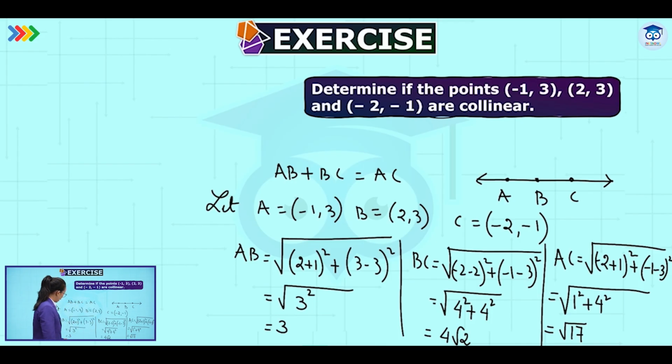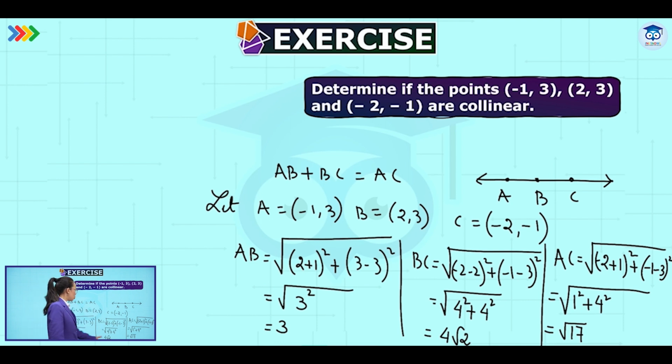Look at this. AB is 3, BC is 4 root 2. When we add this, it will be beyond 7. Now when we look at AC, it is less than 5. We know that the square root of 17 comes between 4 and 5, because 4 squared is 16 and 5 squared is 25.